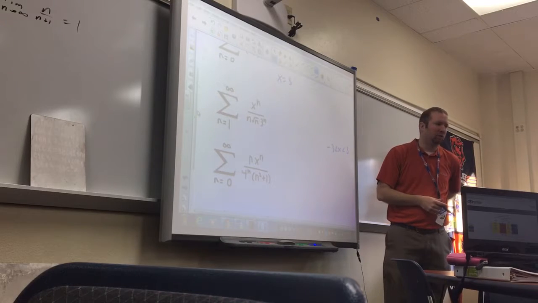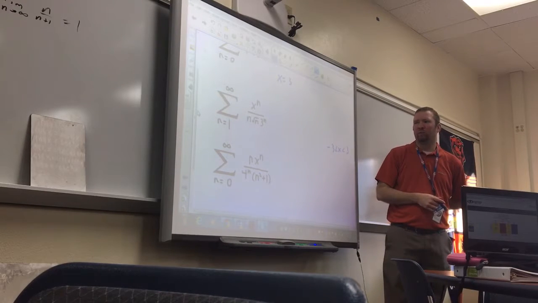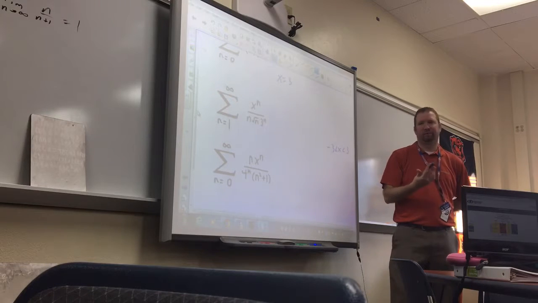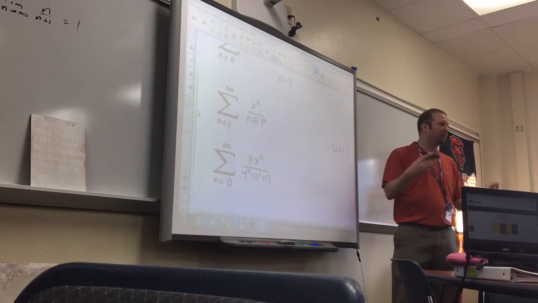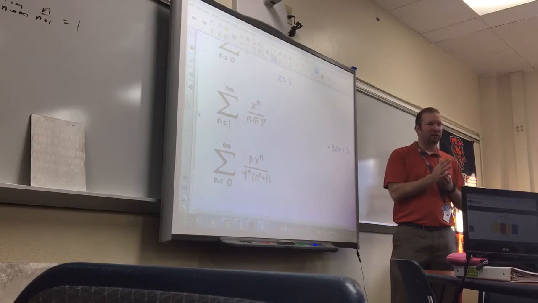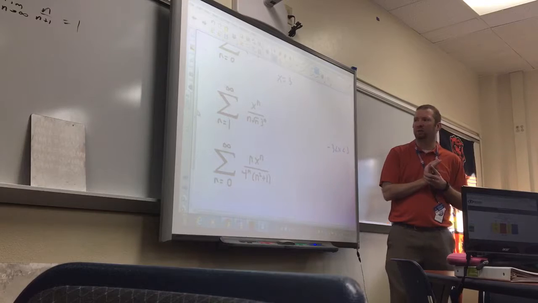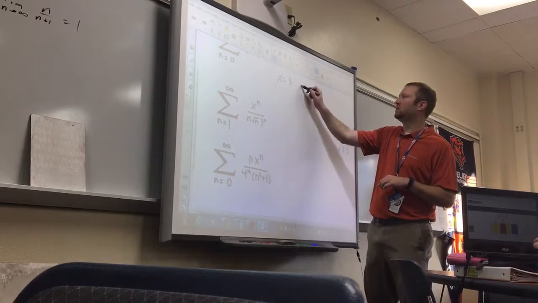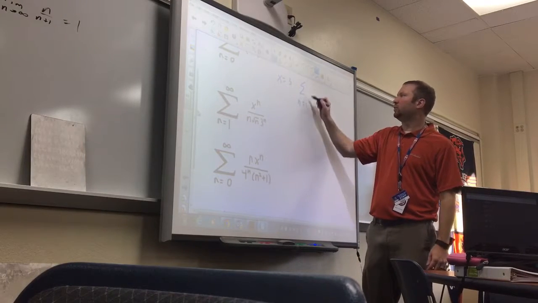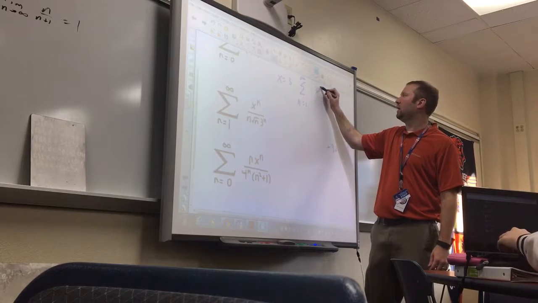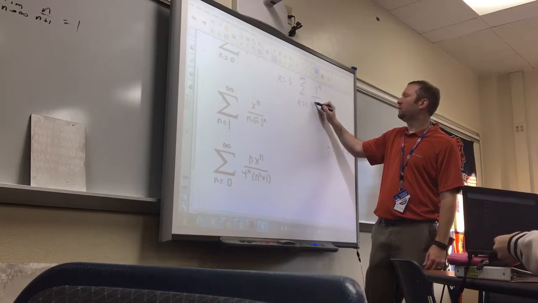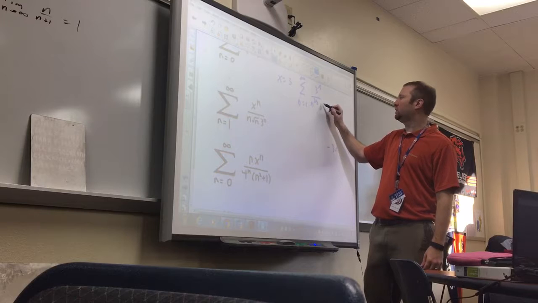Doesn't matter which one you do, but I typically like to test the positive one first. Gives me just a better sense of what's happening with the series and kind of helps me make some conclusion about the other one as well. All right, so I get the series n equals 1 to infinity of 3 to the n over n to the 3 halves times 3 to the n.